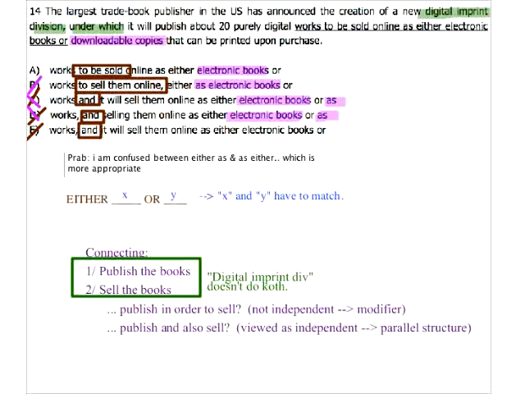And in E, either is followed by books, and or is followed by downloadable copies, so we're fine. So only A and E are parallel in this case. And E we've eliminated already because it uses and where it's not supposed to. So only A and E are parallel.